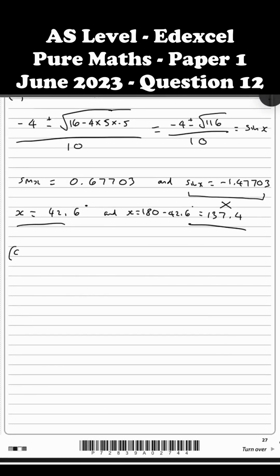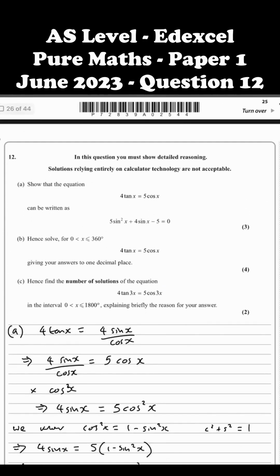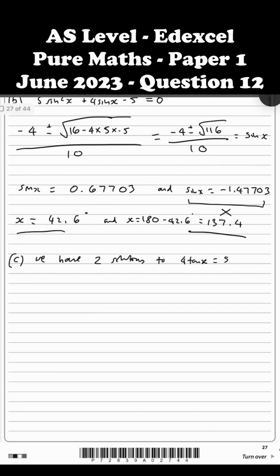So what I'm going to say is we have two solutions to 4 tan x equals 5 cos x when x is between 0 and 360 degrees. Therefore, it's going to be 10 solutions for 4 tan x equals 5 cos x for 0 and 1800 degrees.